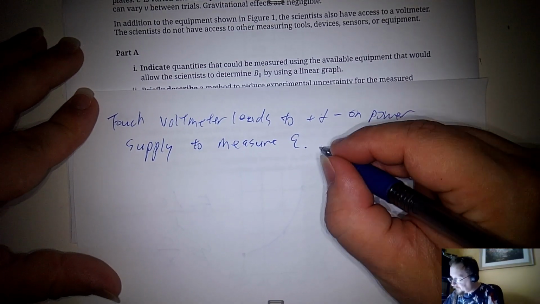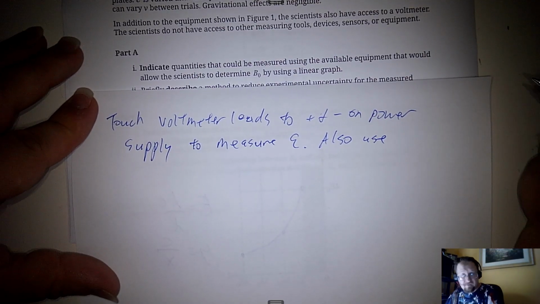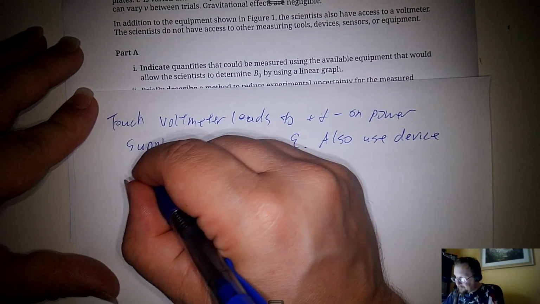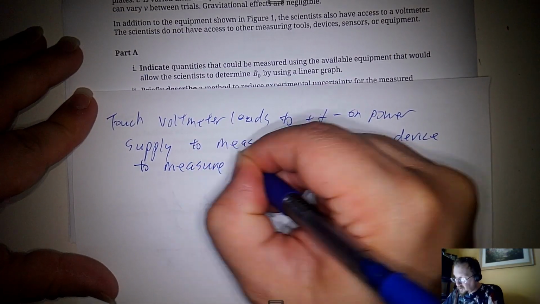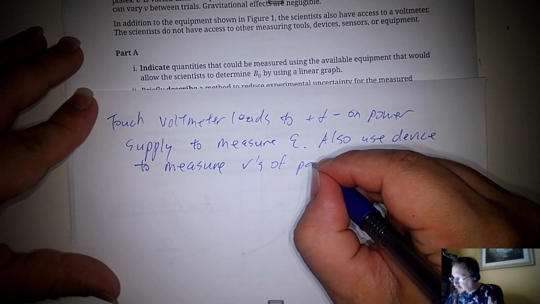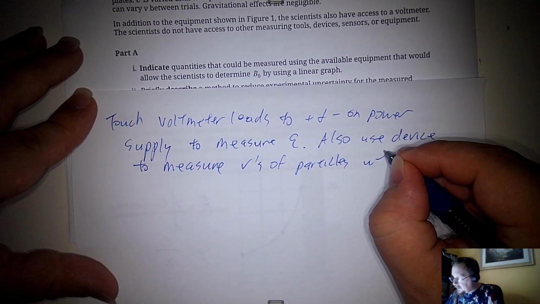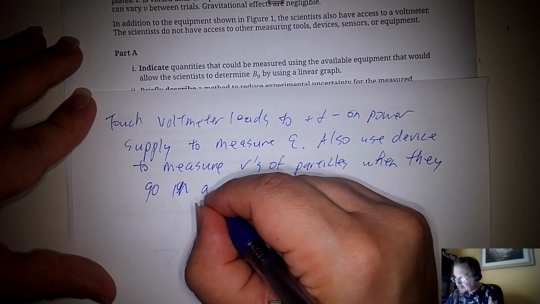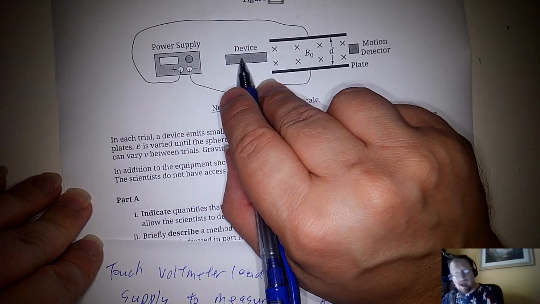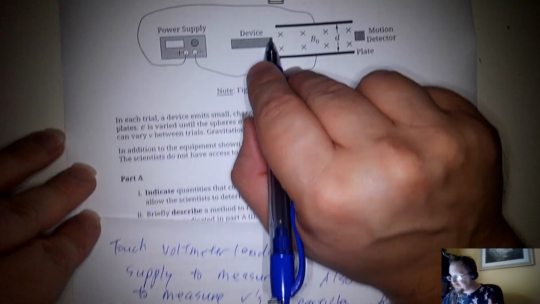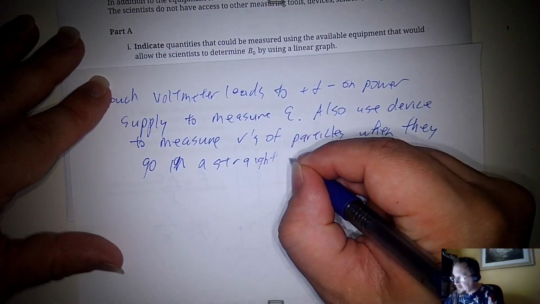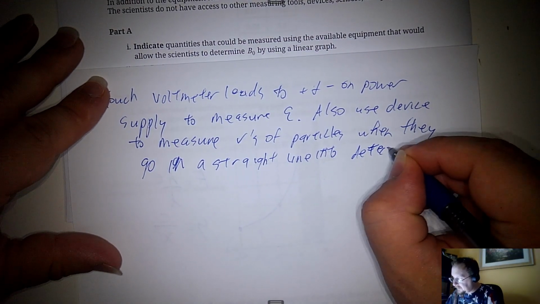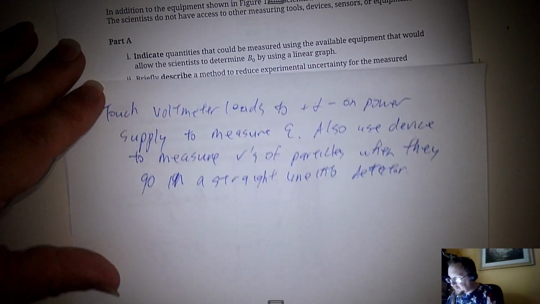Also, I'm going to pretend it doesn't say the device outputs the velocity, so I'm going to say use the device to measure the velocities of the particles when they go in a straight line into the detector. You should have had a little output device here that said, blah meters per second or something like that. Okay, so that's the answer to A.